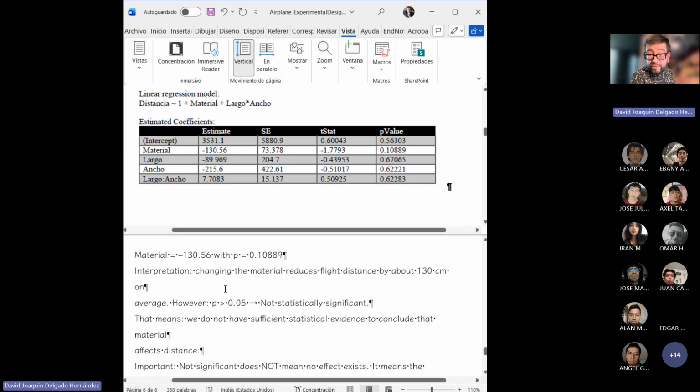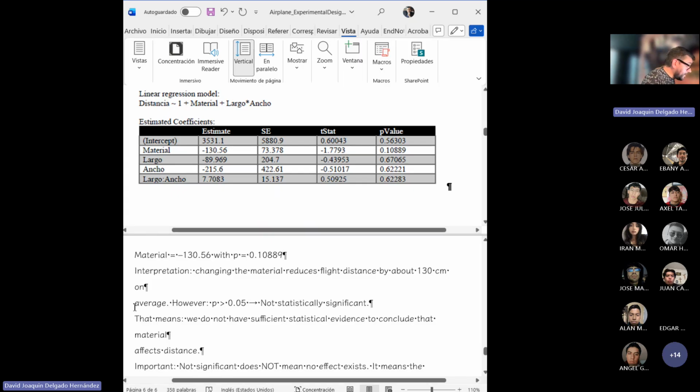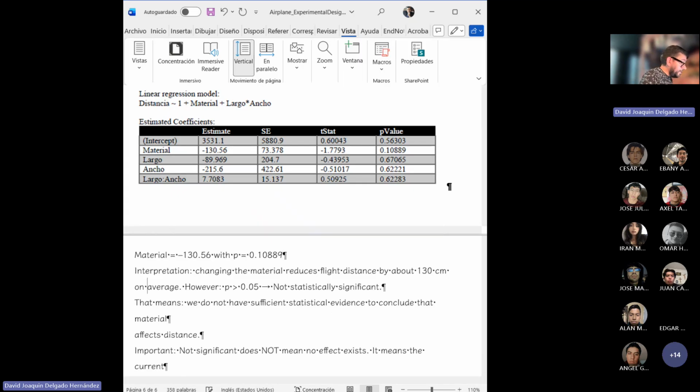So how can you interpret this value? When you change the material, the distance reduces about 130 centimeters, on average. That will be the meaning.